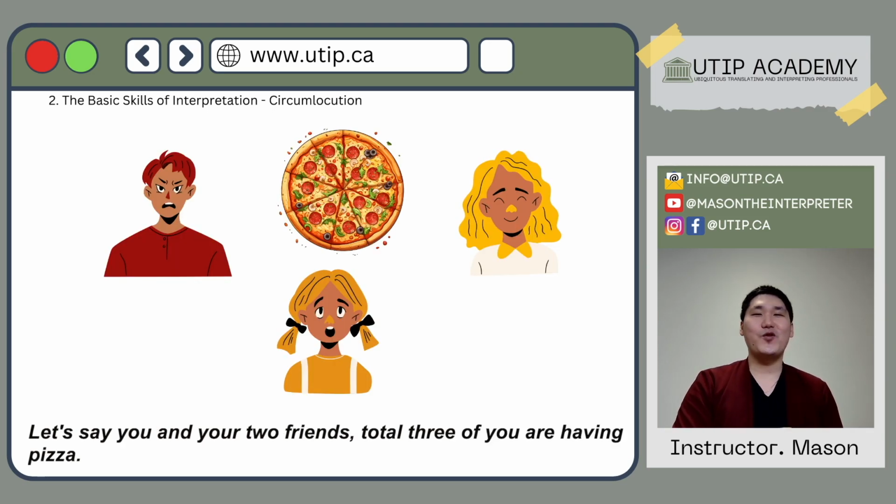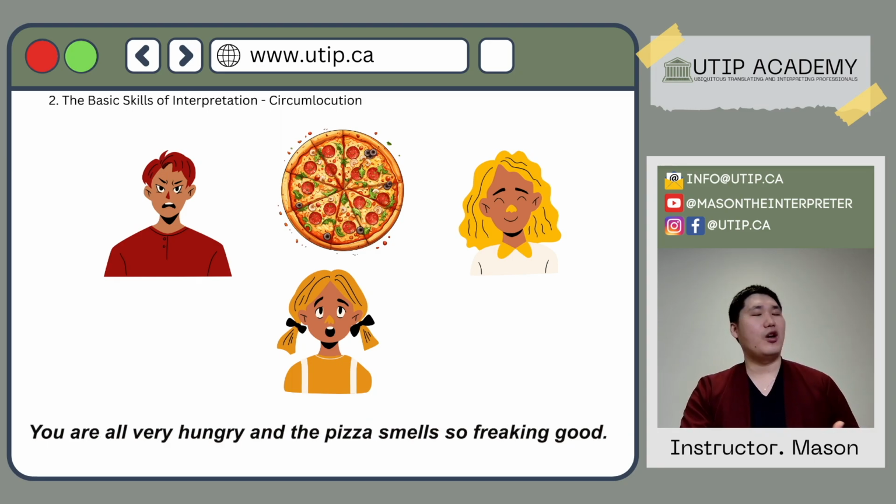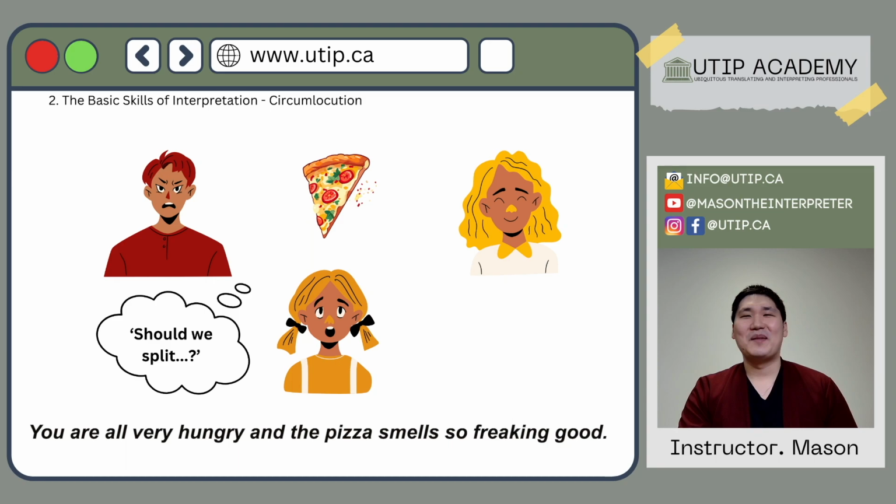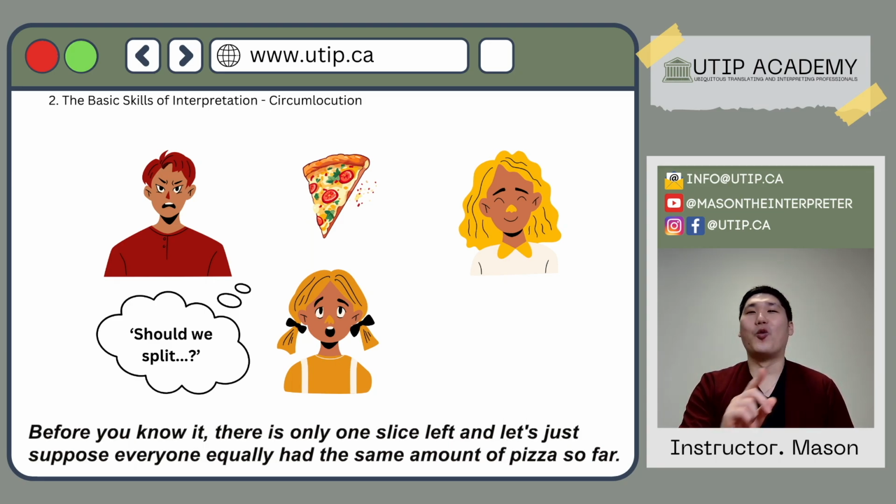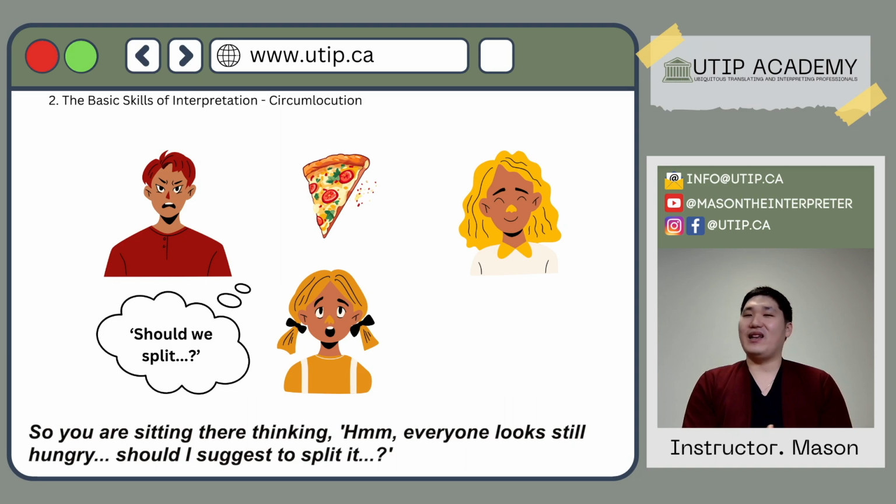Let's say you and your two friends, total 3 of you, are having pizza. You're all very hungry, and the pizza smells so freaking good. Before you know it, there's only 1 slice left. And let's just suppose everyone equally had the same amount of pizza so far. So you are sitting there thinking, everyone looks still hungry. Should I suggest to split it, maybe?